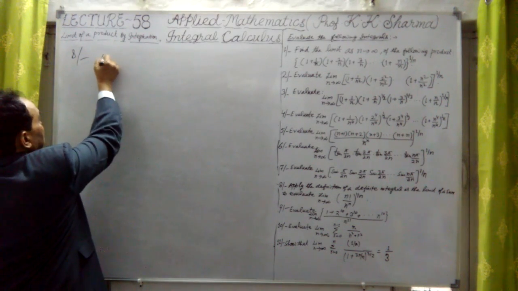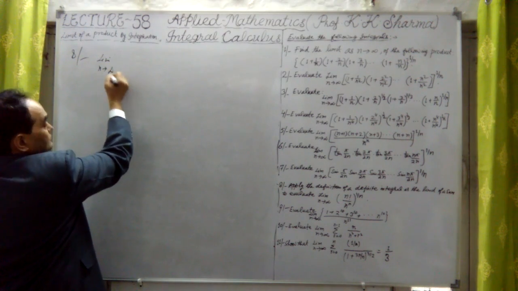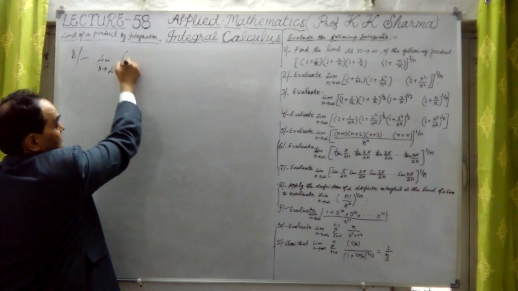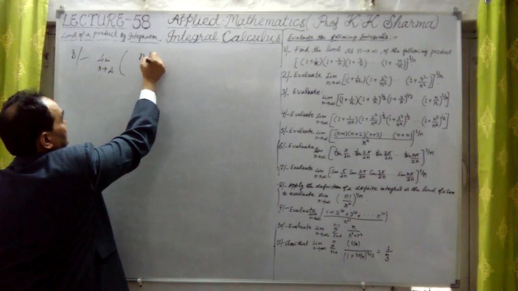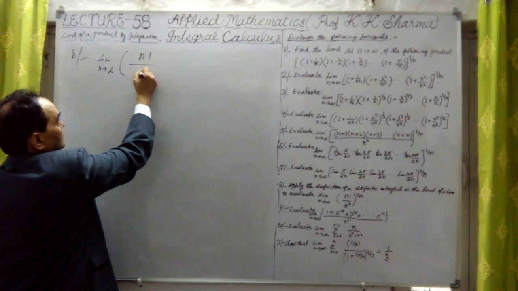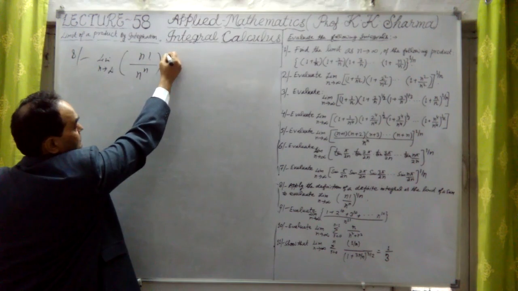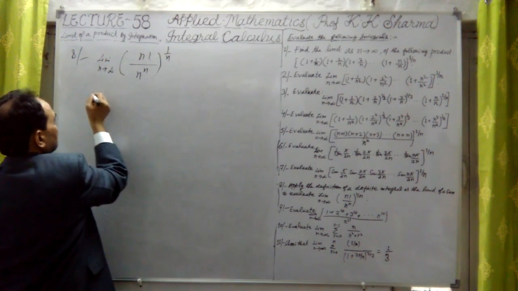Question number 8 is the limit as n tends to infinity of (n factorial divided by n raised to n) whole power 1 upon n.